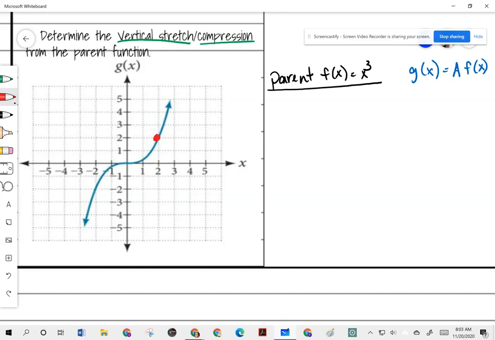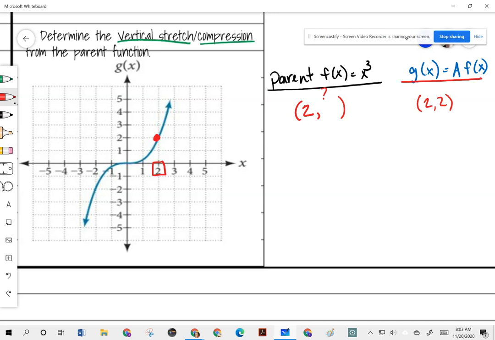But for right now, I'm going to look at that point and say that's 2, 2. So over here on the graph of g of x, I'm going to put the point 2, 2. But on your parent, remember that you're looking for a vertical stretch, which means your x value is going to stay the same. But what would be the y value on your parent?